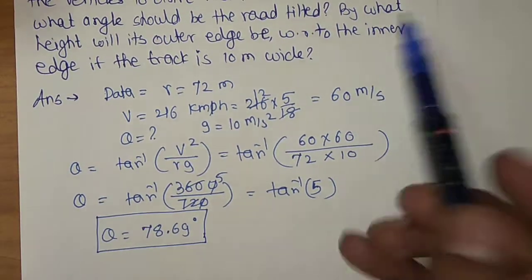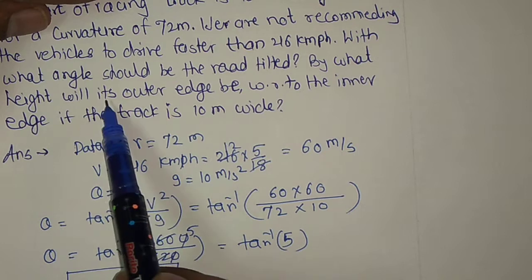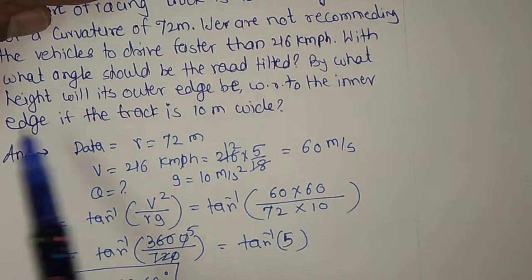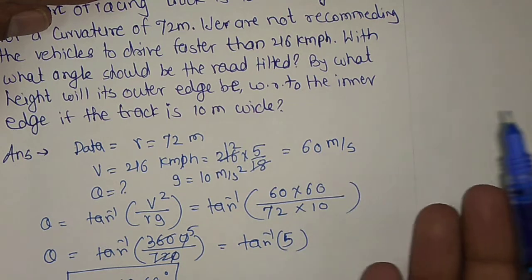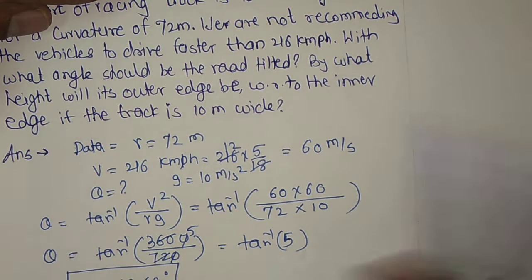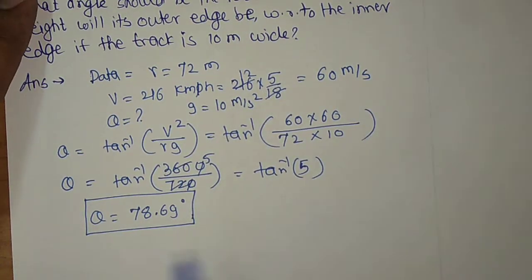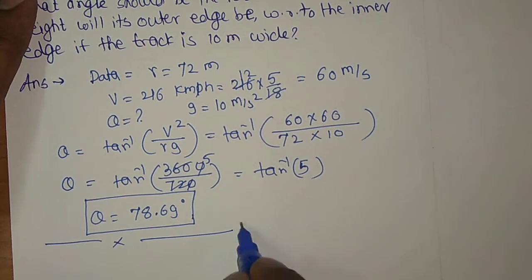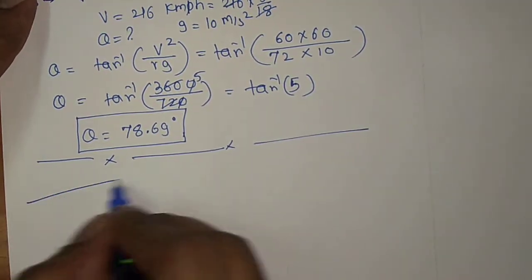Now again they are asking by what height will its outer edge be with respect to the inner edge, if the track is 10 meter wide. Now they are talking about elevation in the outer edge. To find out the elevation in the outer edge, we have to first consider a figure. For example, I am solving the same question, but I will draw a diagram like this.